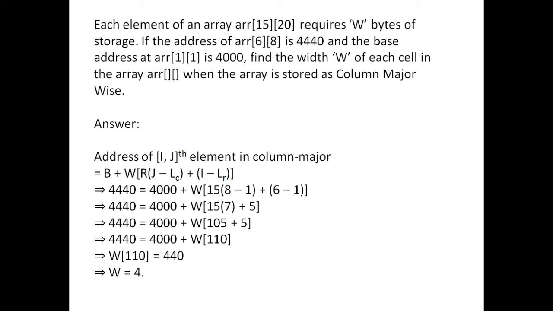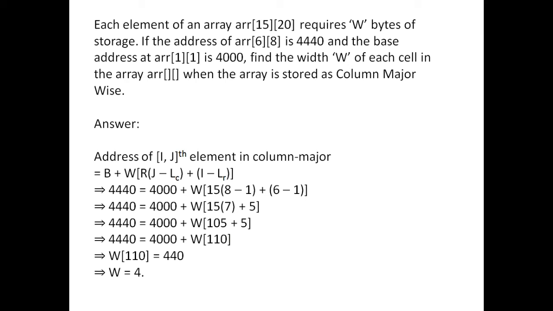So put these values in, calculate, and you will finally get the value of W, that is the storage. Is this clear, children? First of all, you have to read the question, understand the question, and get the values like base address, storage, number of rows, number of columns, I value, J value, lower row and lower column. Then you calculate. The formula is very important, you have to remember it. Go through it. I hope this part is also clear.